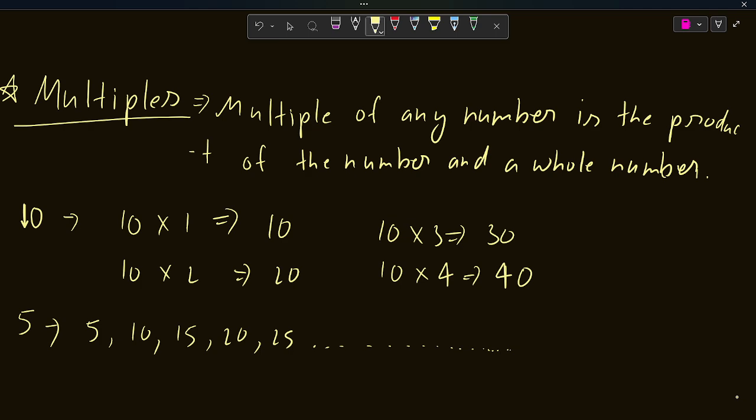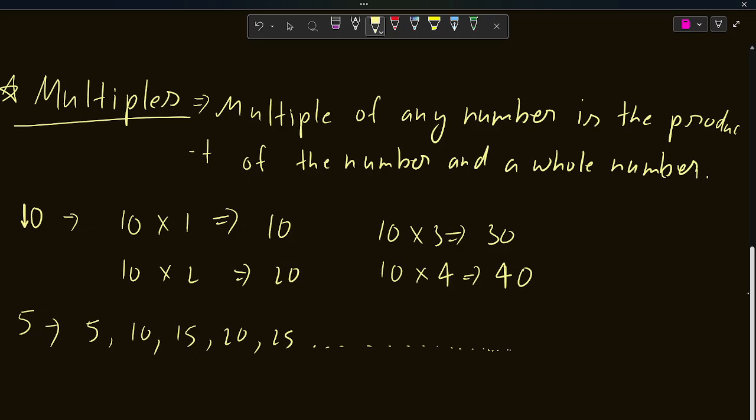There are infinite numbers of multiples of 10, and of 5. Multiples of any number we cannot count. So any number will have infinite numbers of multiples.